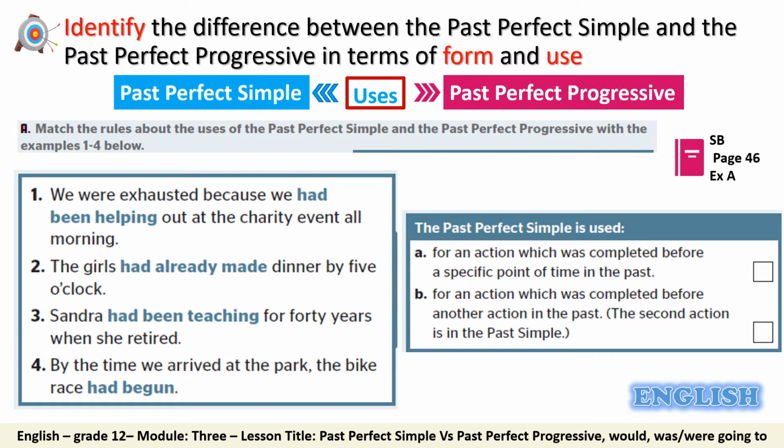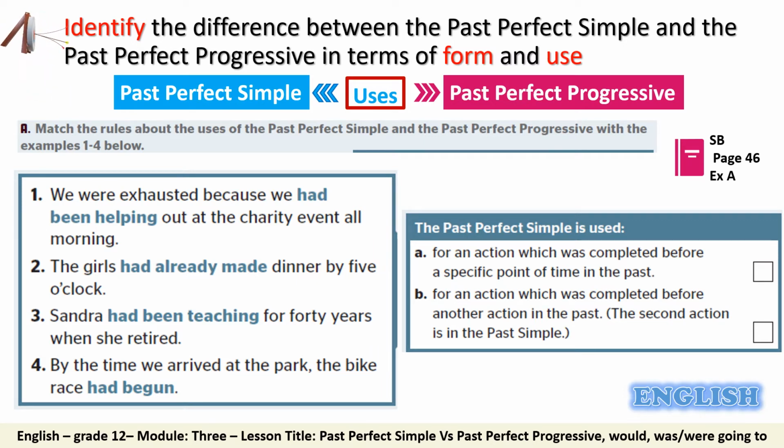These sentences contain verbs in the past perfect simple and the past perfect progressive. Then on your right hand, you have 2 uses of the past perfect simple. I would like you to pause this video here and match the examples with the uses.